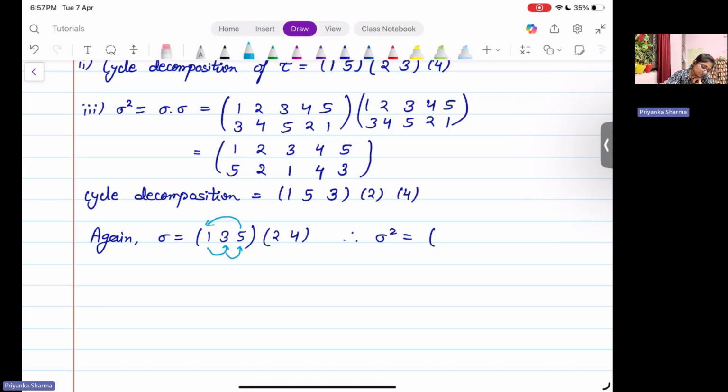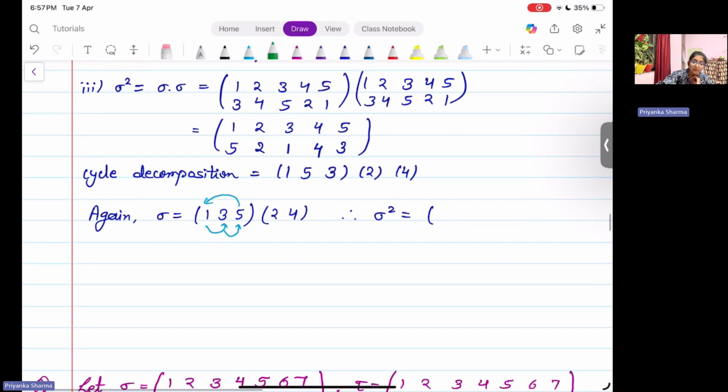So in the cycle, we are writing the image as the first element coming after the element. Okay, so if we have 1, we write the element just next after 1.